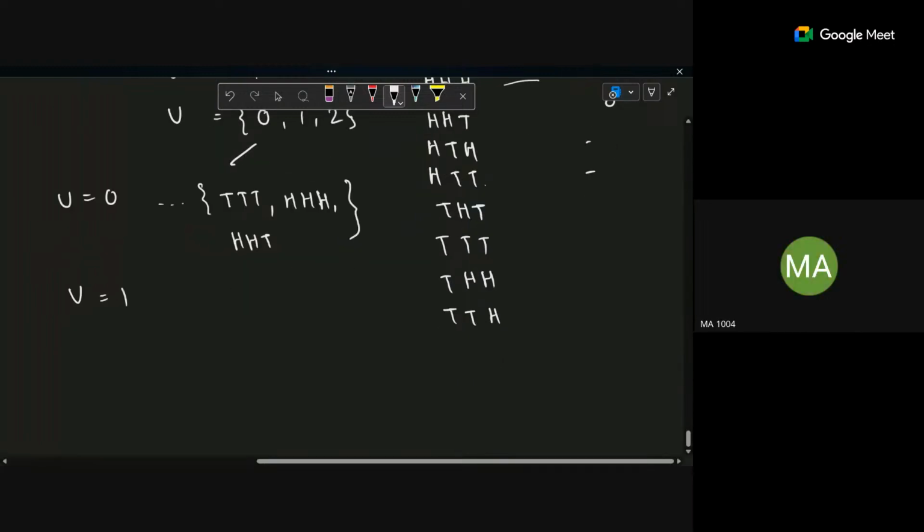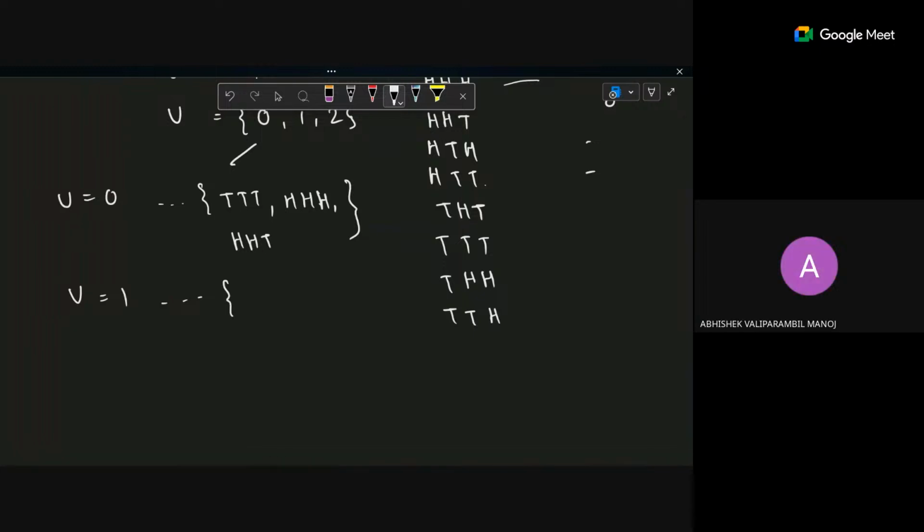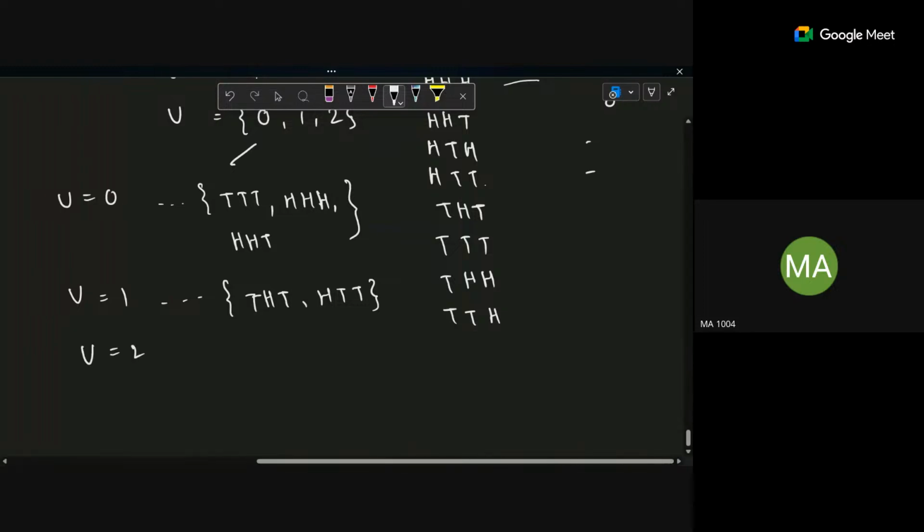When will U take 1? HTT. Here your Y is 1 and X is also 1, right? And THT. When will U be 2?